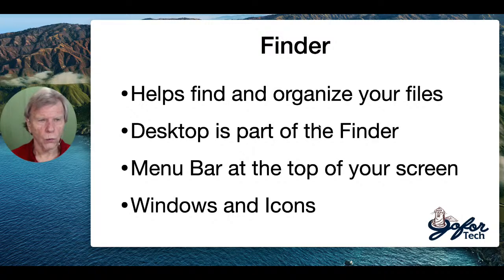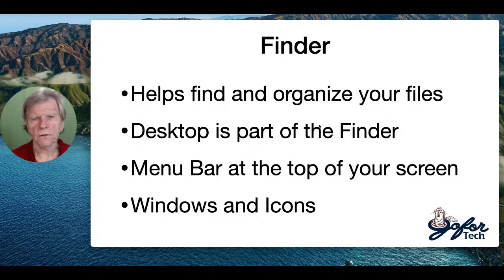So we're talking about the Finder. The Finder is the basic operating system of your computer. It helps you find and organize your files. The desktop, which sometimes is used interchangeably with the term Finder, they're not really the same. The Finder is the umbrella over all these other things that we're going to talk about.